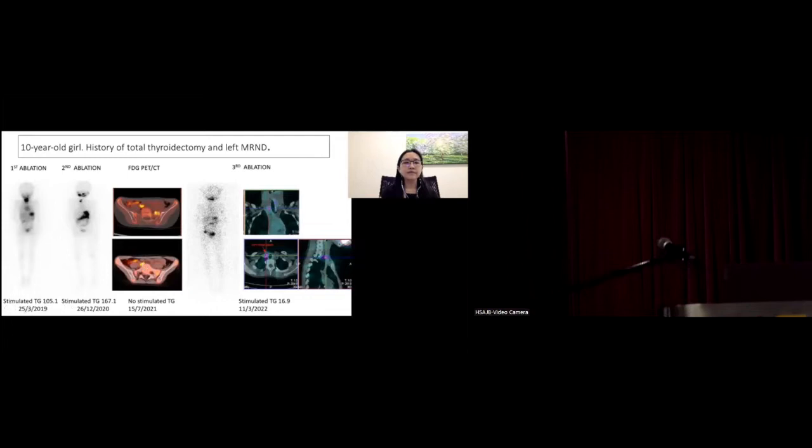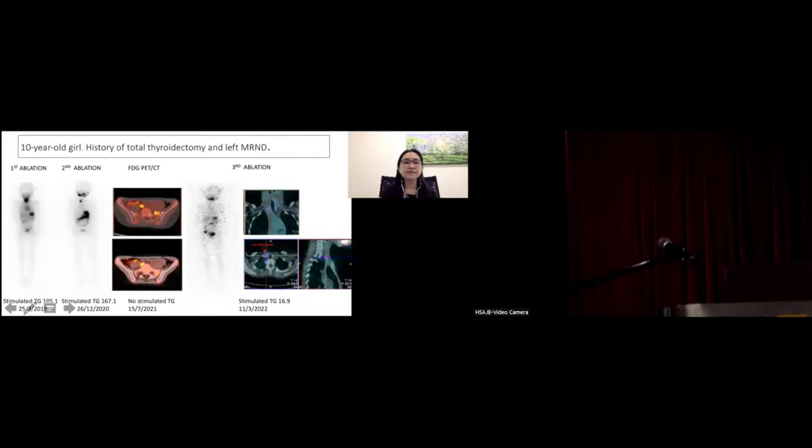As the locations of the FDG-avid lesions are rare, MRI was arranged, however, it is inconclusive. And eventually, patient had the third RAI, and here you can see that there's a faint uptake in the neck. SPECT-CT shows that the uptake corresponds to a soft tissue lesion at the right thyroid bed.